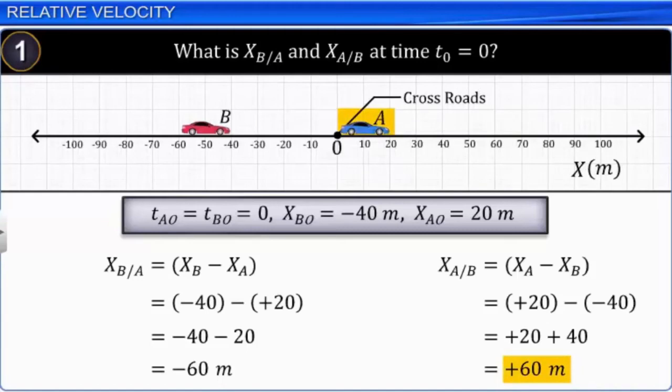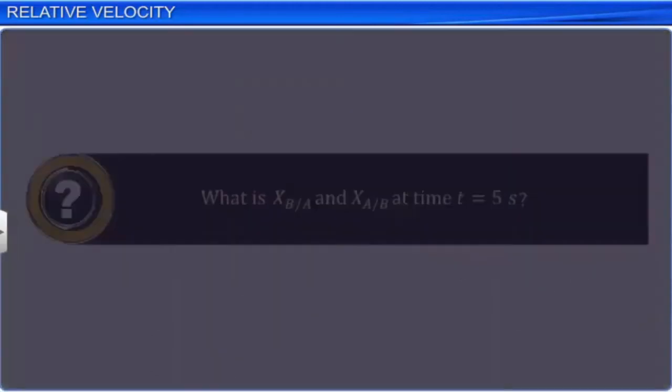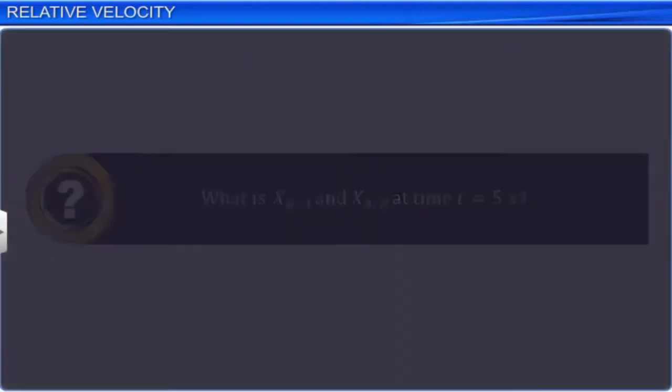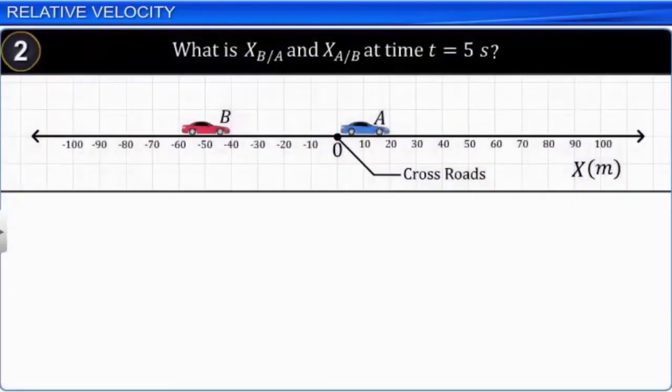2. What is xB/A and xA/B at time t equal to 5 seconds? Here, vA is equal to 10 meters per second. xA0 is equal to plus 20 meters. tA0 is 0 seconds and tA is equal to 5 seconds.